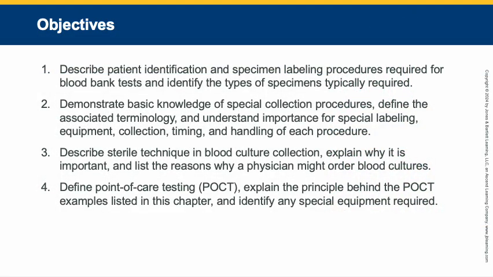Today we'll be covering some objectives that talk about the special procedures that you would need to do for certain kinds of collections. One of the most important and also the most dangerous if you don't get it correct are for blood bank tests. You have a very extensive patient identification and specimen labeling procedure that you would do for blood bank tests.